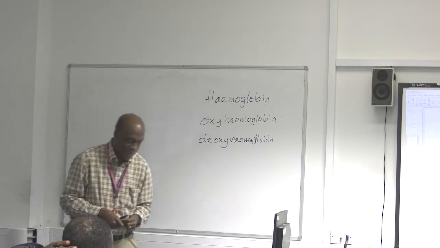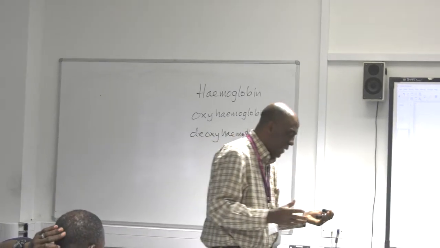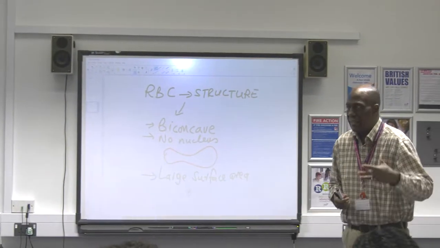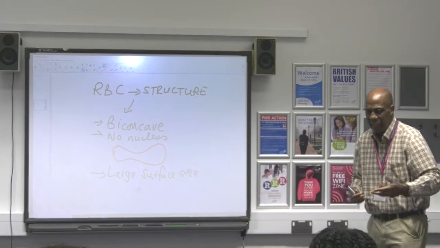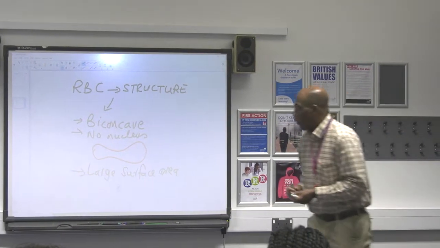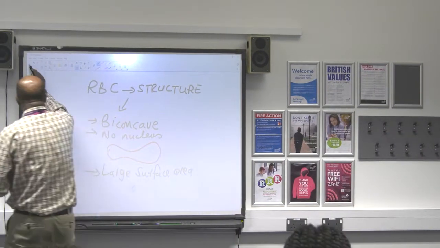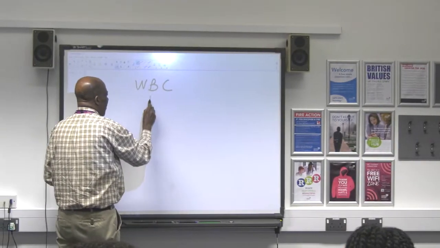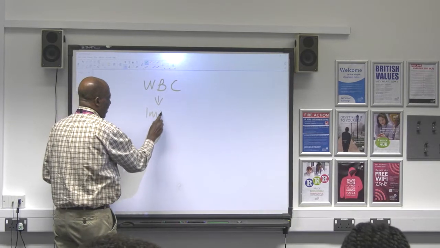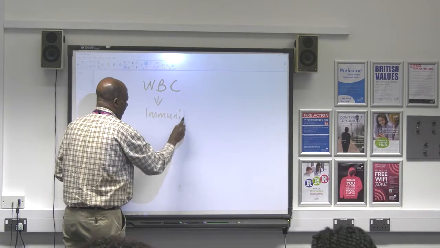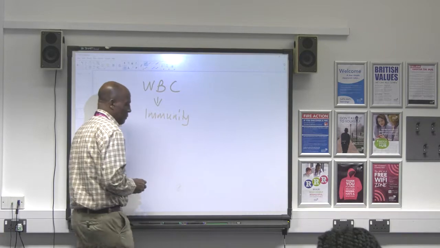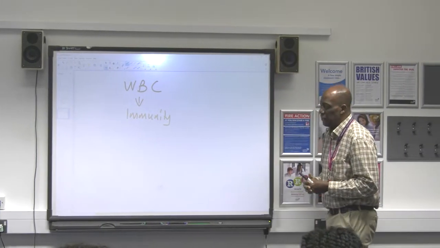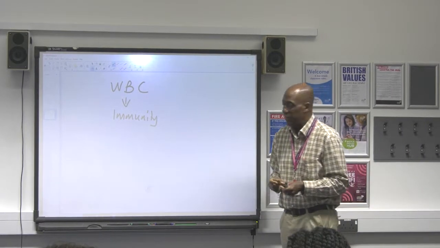The white blood cells we saw last time, they are mainly for the body's natural immune system, for immunity. So white blood cells, mainly immunity. So to defend the body against microbes.